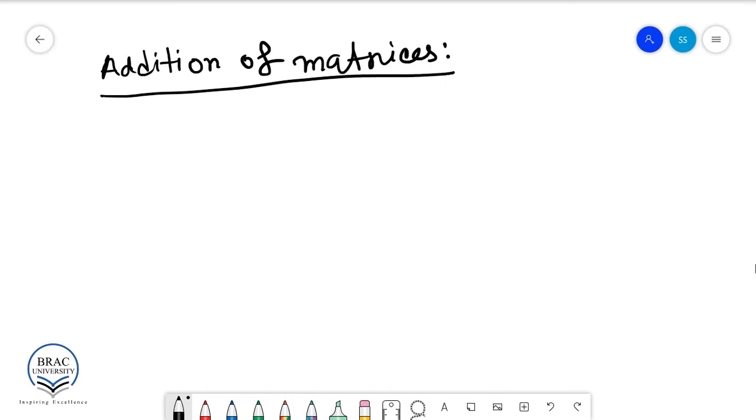Hello everyone, and today we are going to talk about addition of matrices. Let's take a matrix called A, and let's say I denote these entries like this, that is 1, 2, 3 and 4.